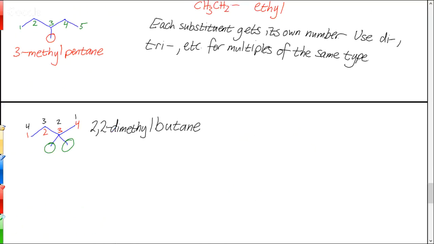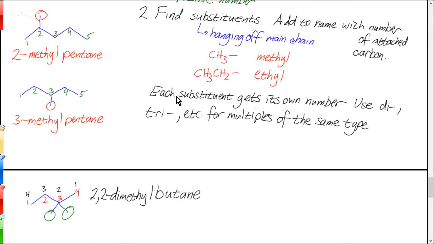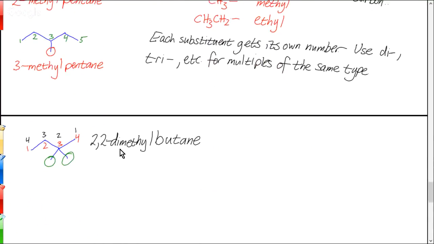Commas separate numbers, and hyphens go in between numbers and words. So why 2,2 and not just 2? Well, that's because in this rule, each substituent has to get its own number. So it's not specific enough to say just 2-dimethylbutane. We have to say 2,2 so that each substituent gets its own number.